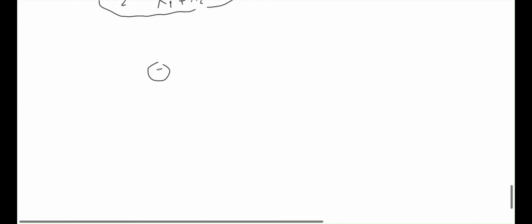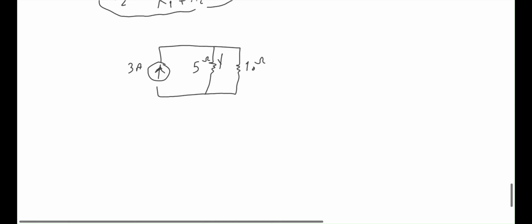Let's consider this a current source instead of a voltage source, and we consider it 3 amps, which is flowing into two resistors of 5 ohms and 10 ohms. Can you very quickly figure out I of 5 ohm and I of 10 ohm?